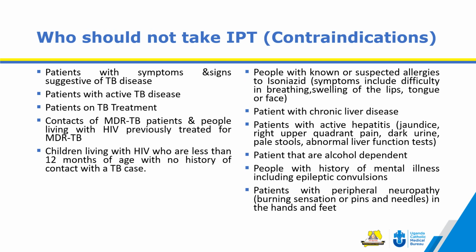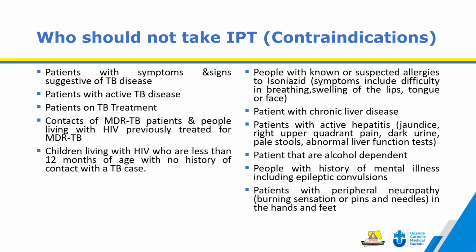Who should not take IPT? What are the contraindications for IPT? The first, any person with a sign or symptom suggestive of TB doesn't qualify. Patients who have active TB disease or are already on treatment do not qualify for IPT.